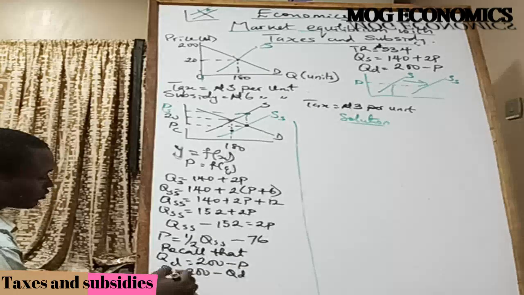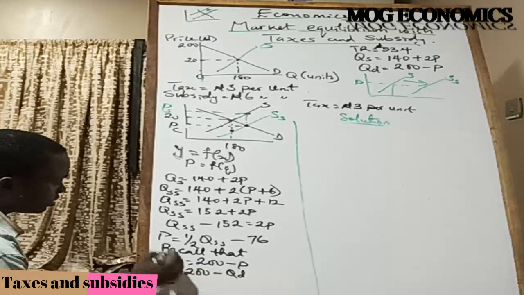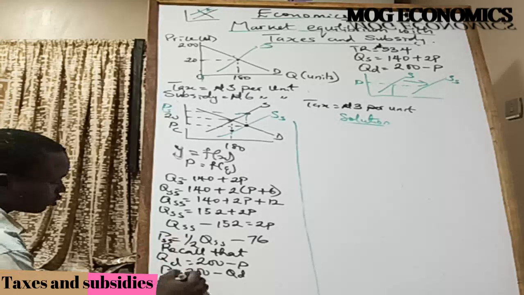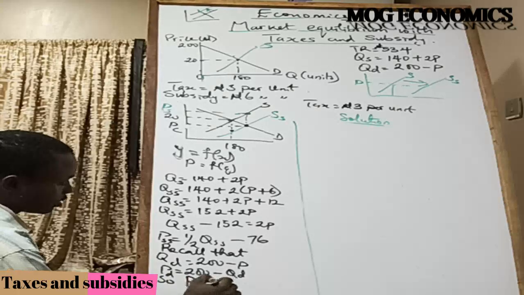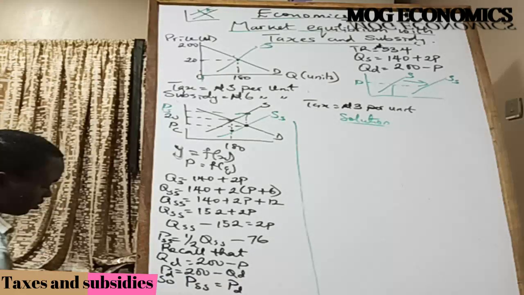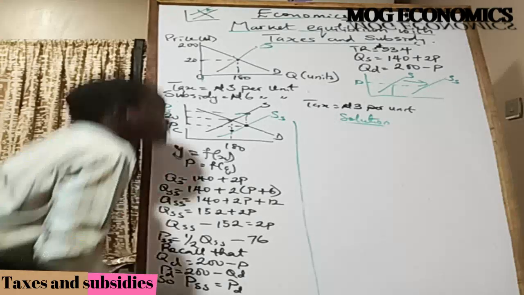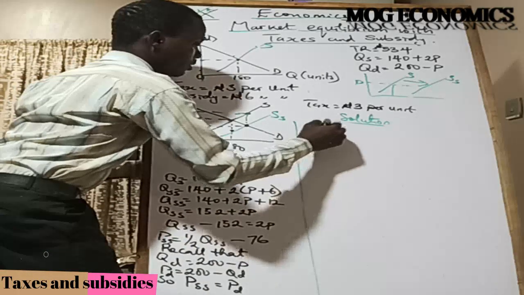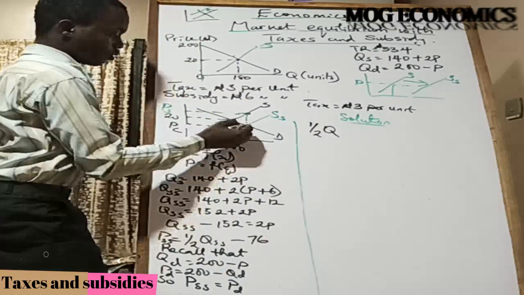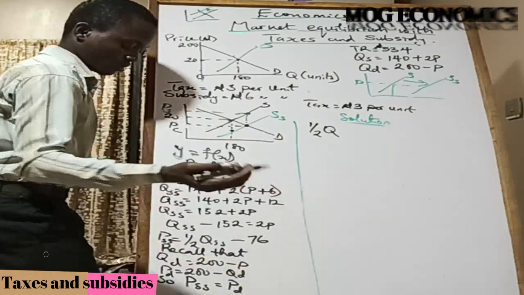So all we just have to do is call this PD. So we have P, this is PSS now. So PSS equals PD. So what is PSS is half QSS. So we have half Q, since we are going to be getting the same quantity, just leave it that way.